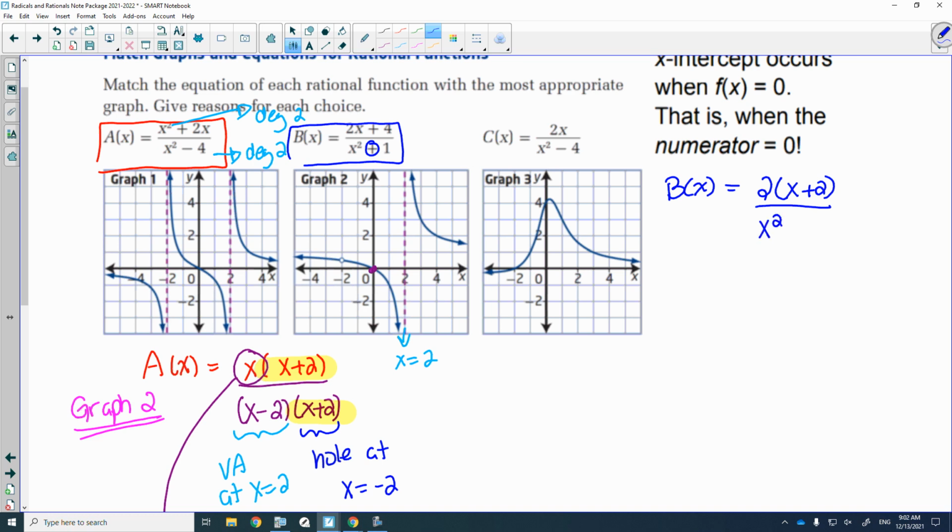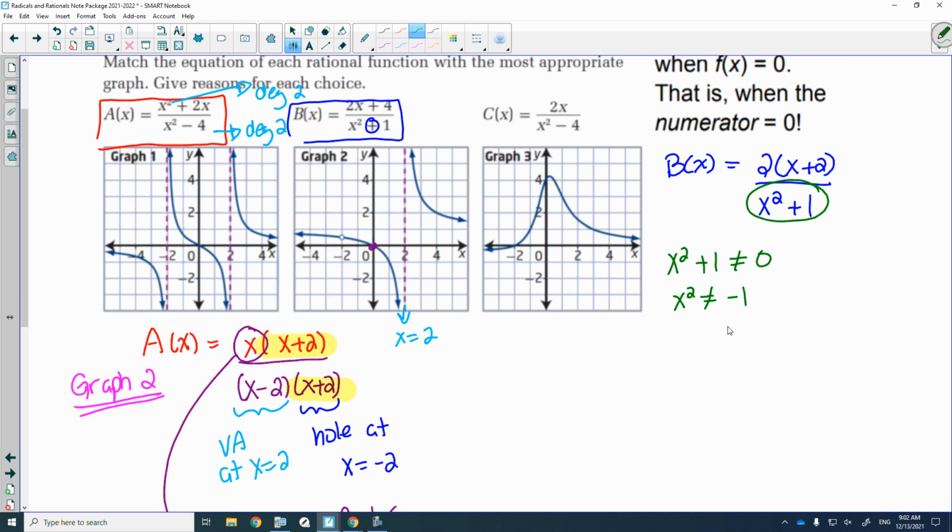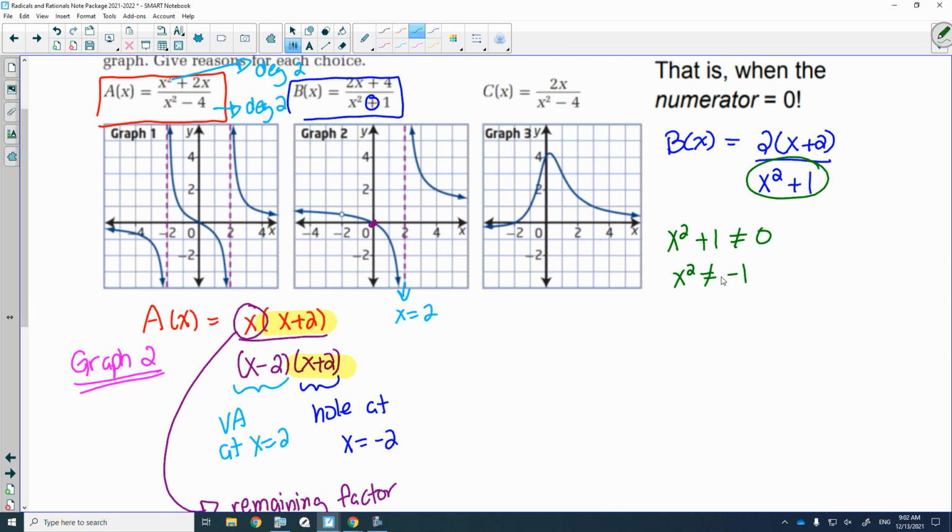X squared plus 1. To get the non-permissible values, we take that denominator and say it can't be equal to 0. X squared can't be equal to -1, but we cannot square root both sides because we cannot square root a negative.